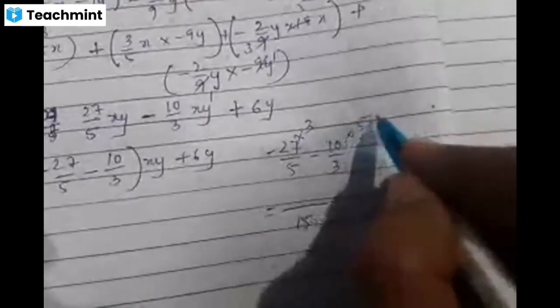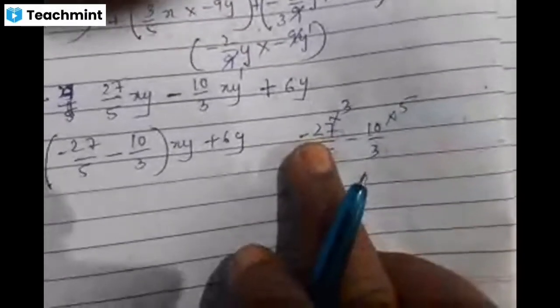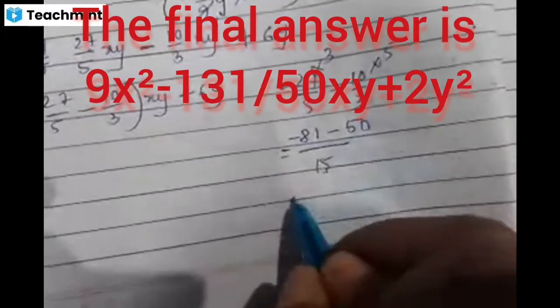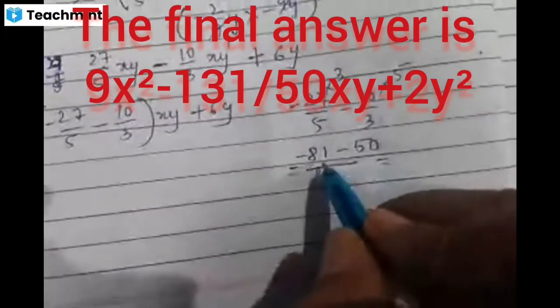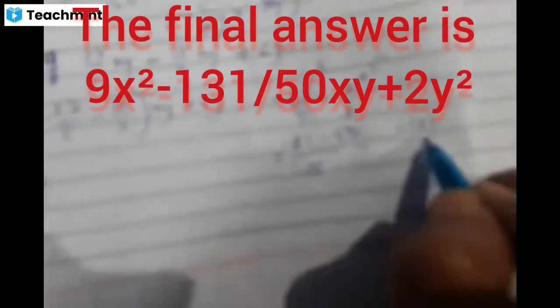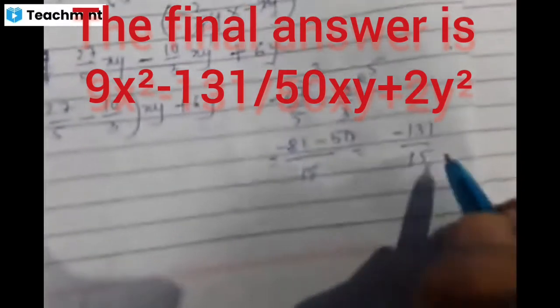How many times? 3 times 5 is 15, 5 times 3 is 15. 27 into 3, which is 81, minus 81, minus 10 5s are 50, which will be equal to minus 81 minus 50 is minus 131 divided by 15.